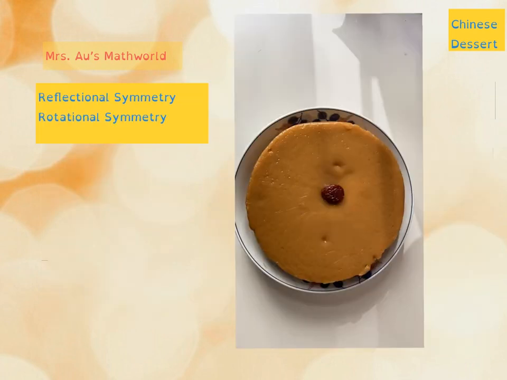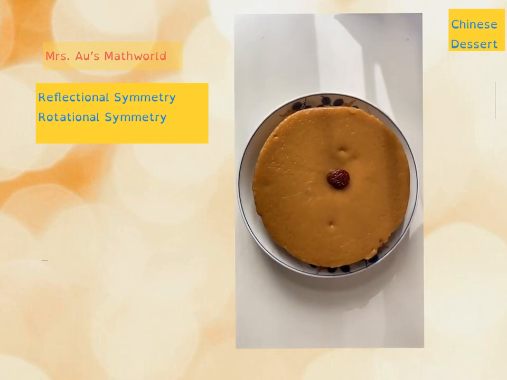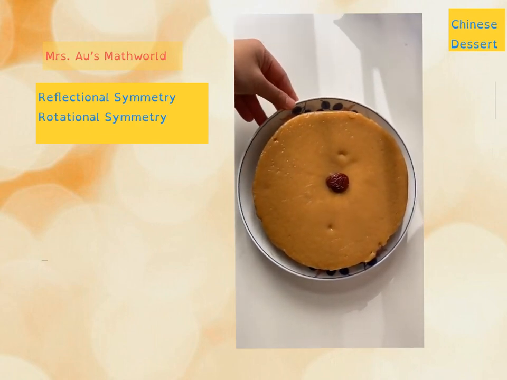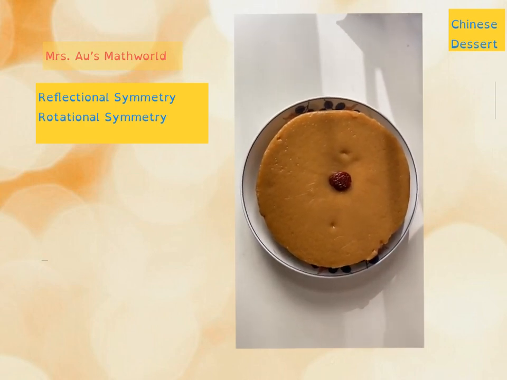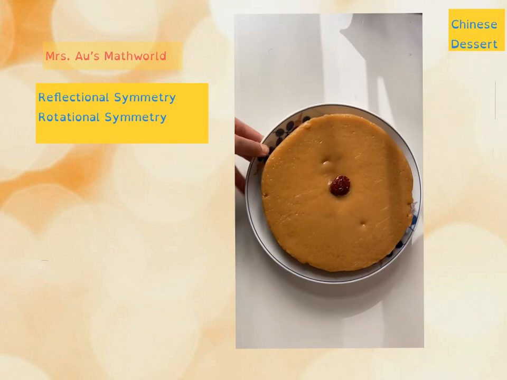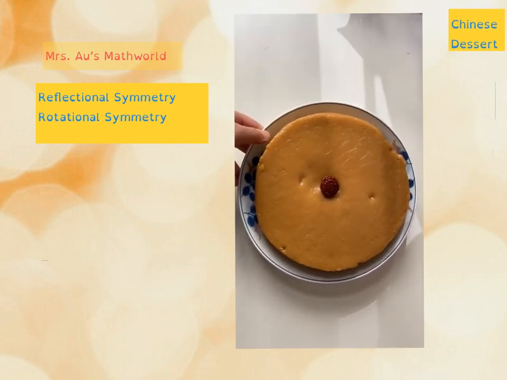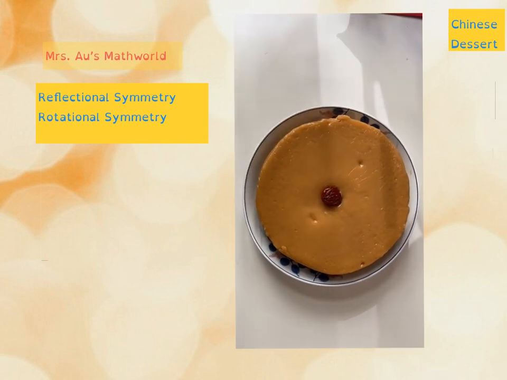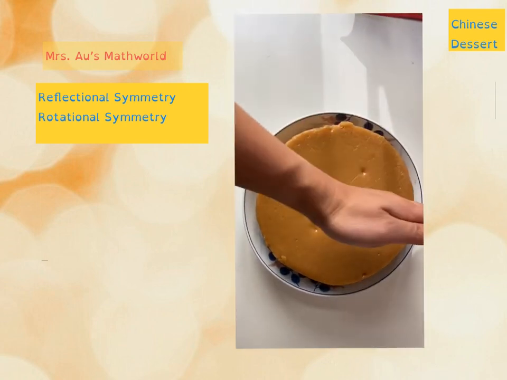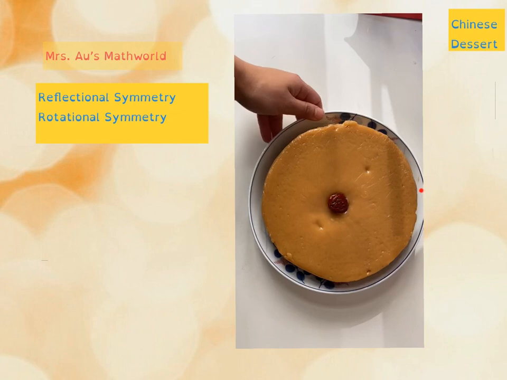Finally, let's look back at the lin gao. So what is the rotational symmetry and also the reflectional symmetry of the lin gao? Well, however it moves, it will also have an axis of symmetry, right?